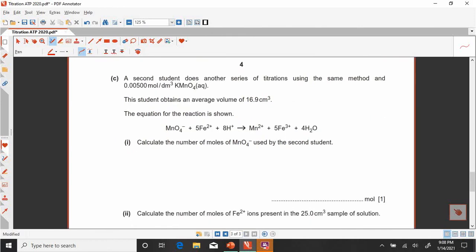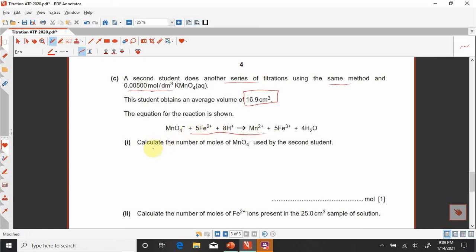Now look at this one, part C, that is the same as in the second. A second student does another series of titrations using the same method, and the concentration of the KMnO4 is the same. The student obtains an average volume of 16.9. So initially it was 16.8, but now it is 16.9, and the equation for this one is this one.